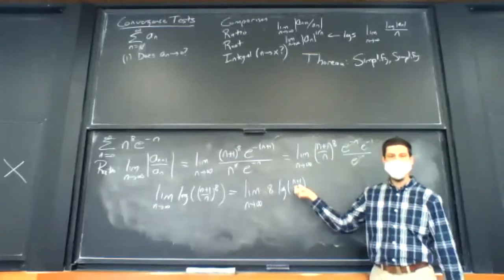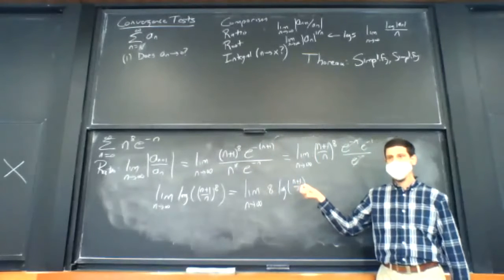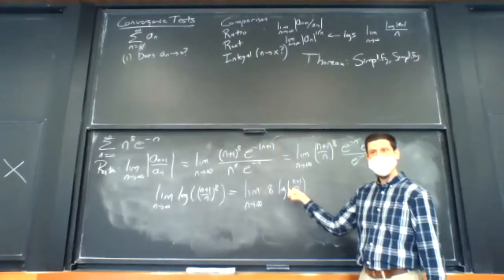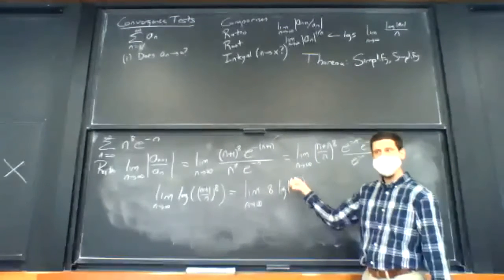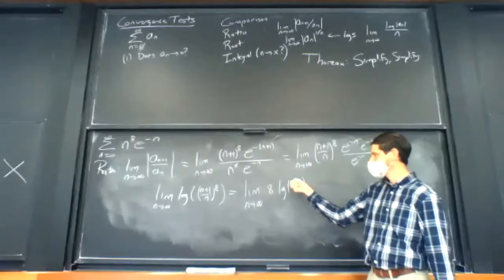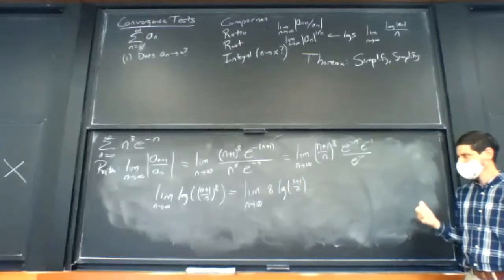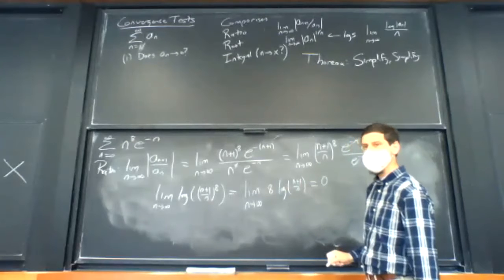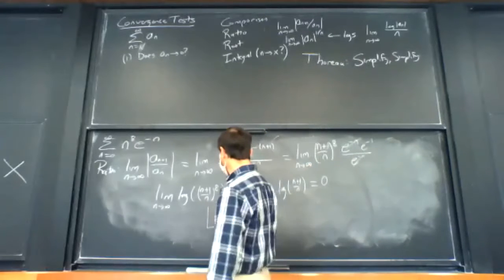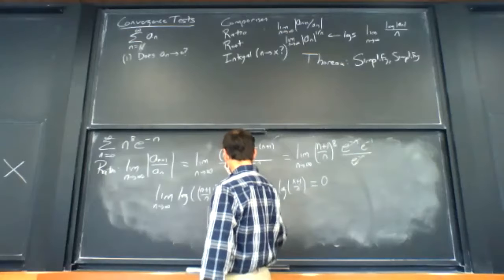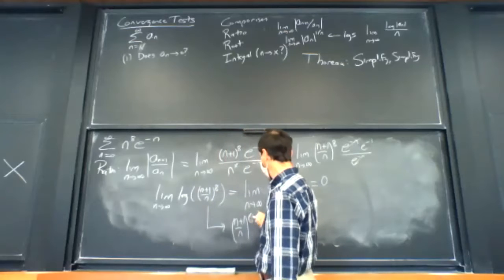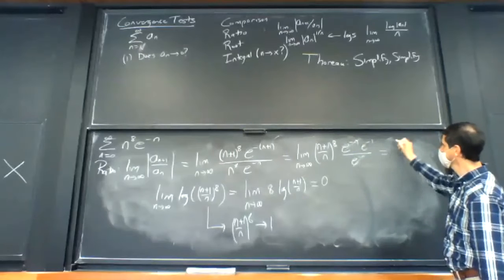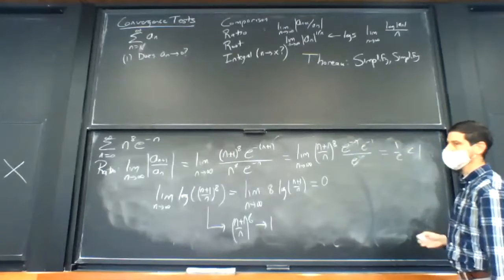Well, what does (n+1)/n go to? 1. So the log of 1 is 0, so 8 times 0 goes to 0. So if the log goes to 0, then ((n+1)/n)^8 has to go to 1. And so this expression is 1 over e, which is less than 1.